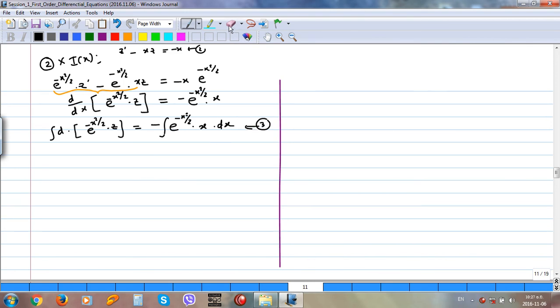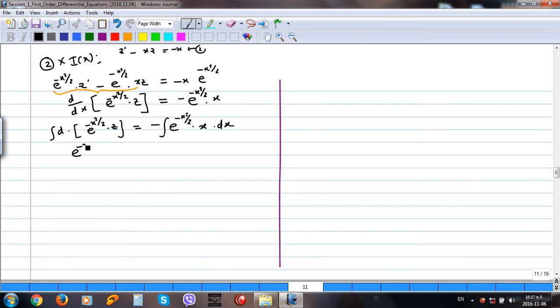Now we can simplify further. That side we can simplify now. Here we have e to the power minus x squared over 2 times z equals minus the integral of e to the power minus x squared over 2 times x dx.